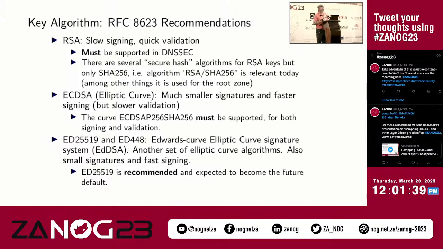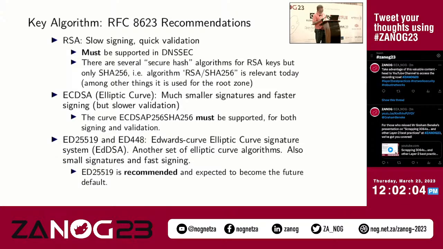I suppose another big question that people ask is, well, what key algorithm should I be using to sign a domain with? We started out on algorithm 5. It's definitely somewhat deprecated.